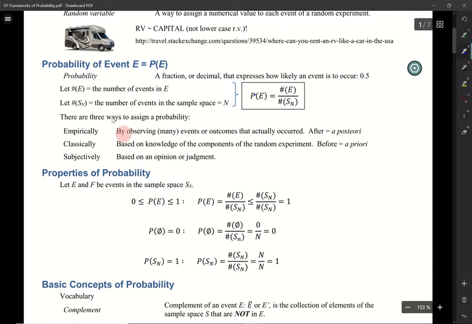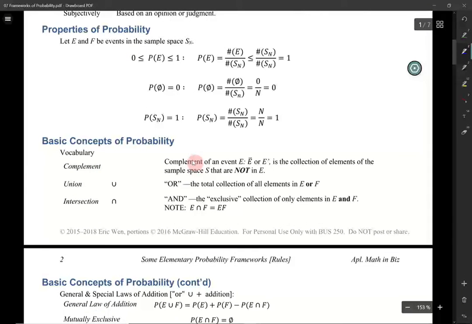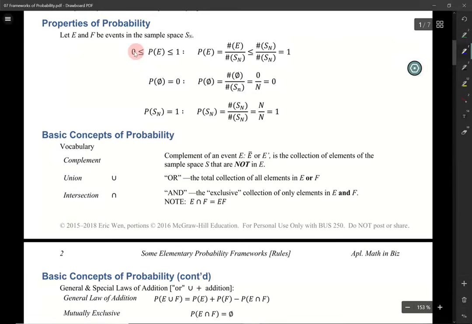Sometimes you cannot do either one, and you just make a guess, make an estimate. Okay, and so probabilities again can be 0 as a lower bound, and 1 as the upper bound. The probability of the null set is 0, and the probability of the entire sample space is 1.